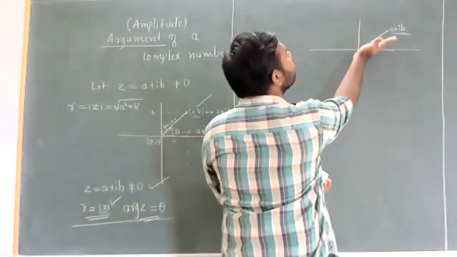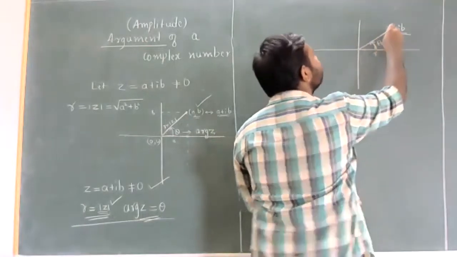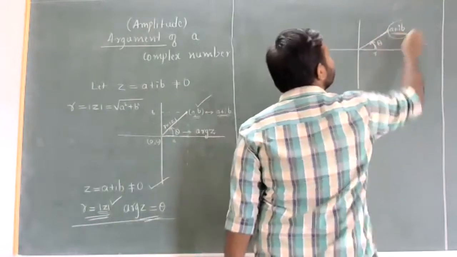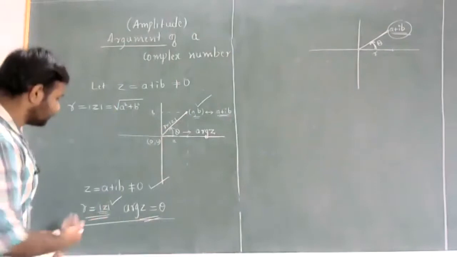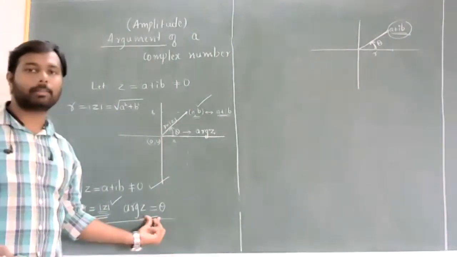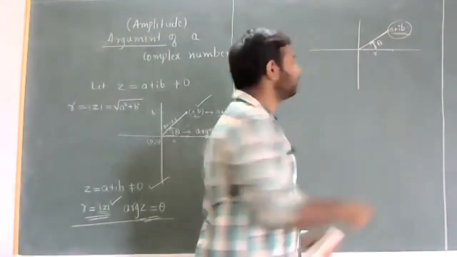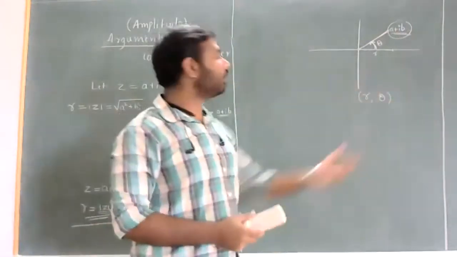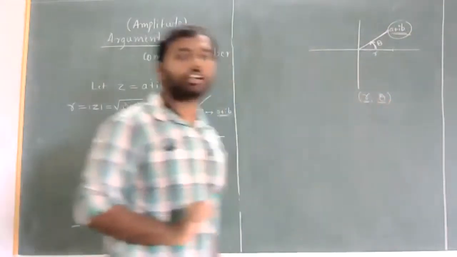If we rotate this by an angle theta, then it will take this position, and the end point of this line at this position will be nothing but the complex number a plus ib. Thus the concept of modulus and argument of a complex number gives you another method of representing complex numbers, where we need again an ordered pair of real numbers, where r is modulus of z and theta is argument of z.